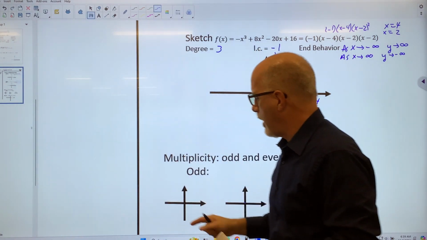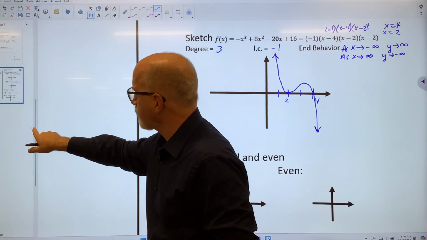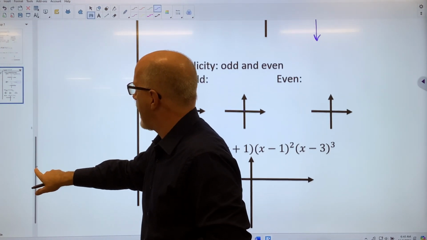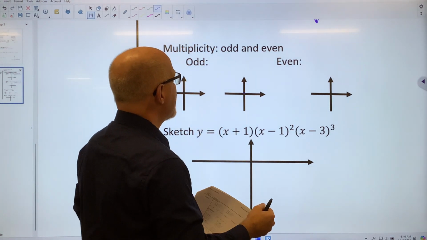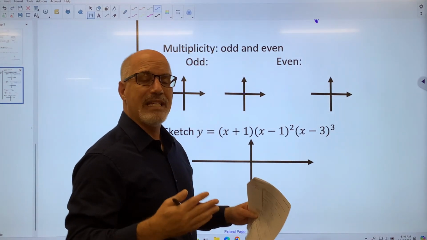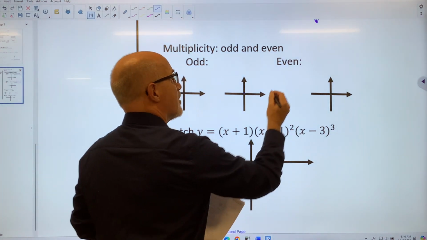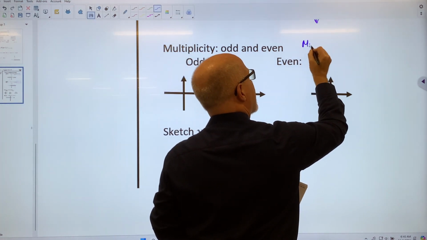We want to talk about what happens with our graphs with different factors. What multiplicity means is how many times we have a factor.